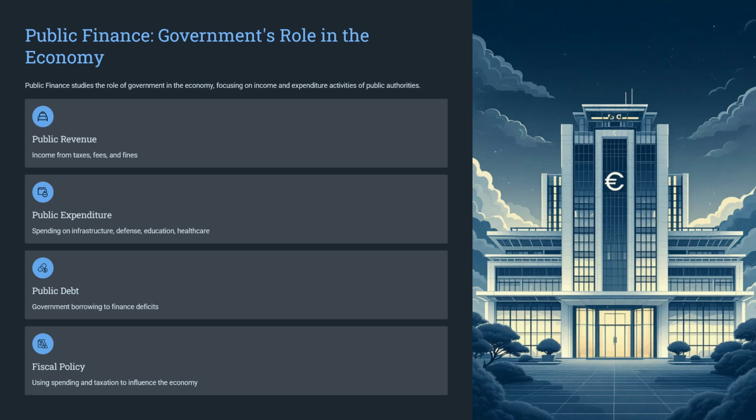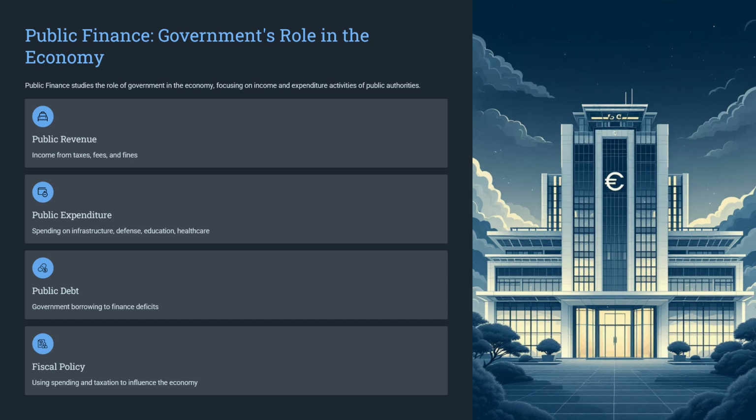It also covers budgetary practices, fiscal policy, and public debt. Public finance is vital for maintaining economic stability, reducing inequalities, and providing public goods and services such as education, health, and infrastructure.